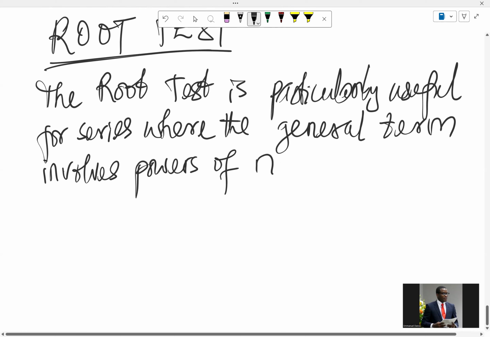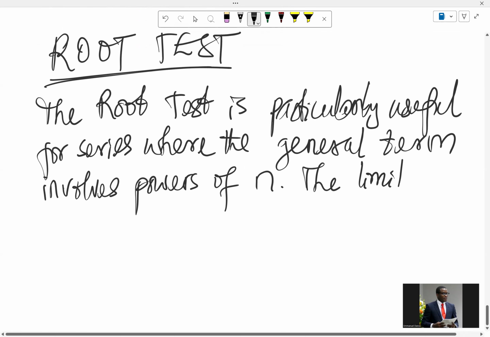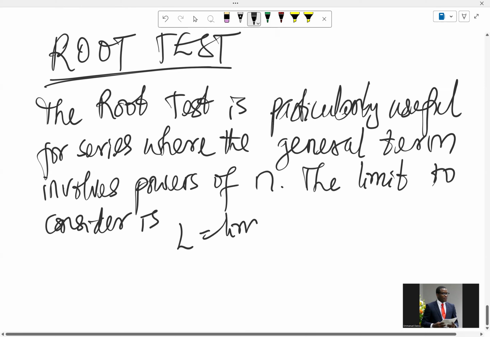So if you have power n, the root test is very useful whenever you're dealing with power n in the expression you're working with. So the limit to consider is L equals limit as n approaches infinity for the nth root of the absolute value of the coefficient an.